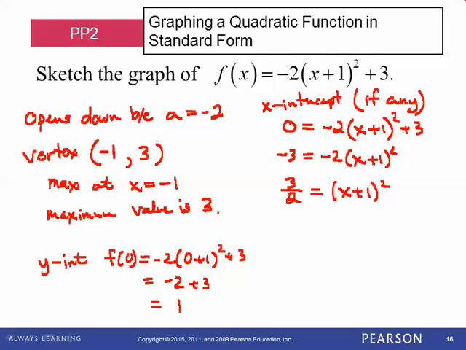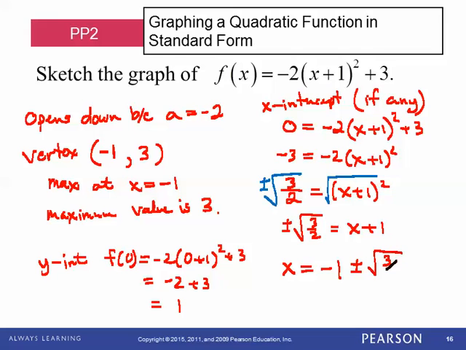And then we're going to take square root of both sides here, plus or minus, because there's 2 possibilities for that. You can write it as 1.5. Some students like to write it as 1.5. You can leave it as 3 halves. So plus or minus the square root of 3 halves is equal to x plus 1. So if I solve for x, I have to subtract 1 from both sides. So how about a negative 1 plus or minus the square root of 3 halves?